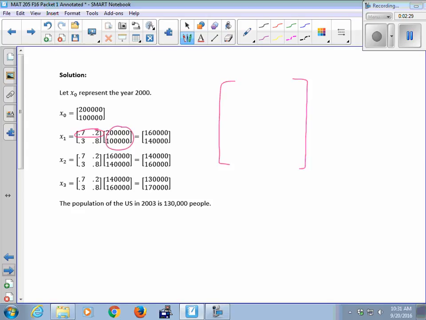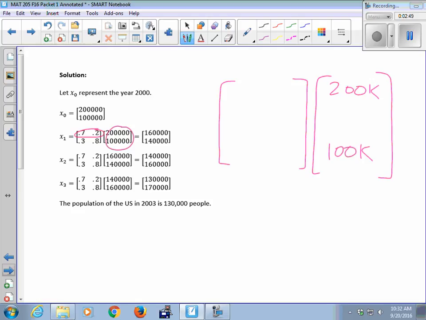Okay, so if I keep this 200 and 100. All right, so the 200,000 is the US population, right? So what do I want to take for the US population?